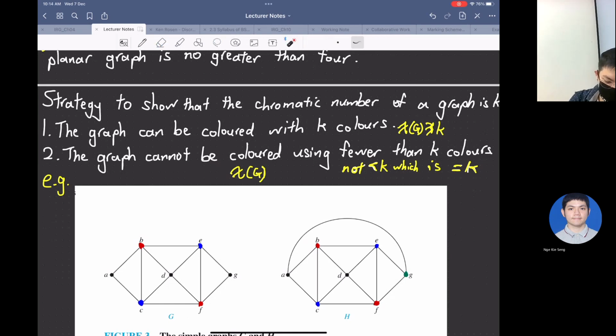Okay, let me ask you a question. A graph cannot be colored using fewer than k colors. What does it mean? Is the chromatic number greater than or equal to k, or less than or equal to k? Anyone look it up?